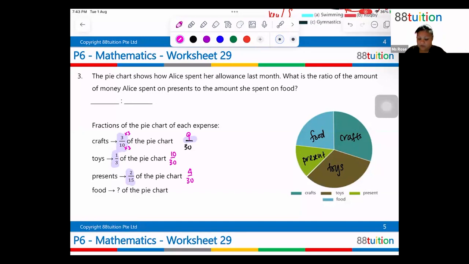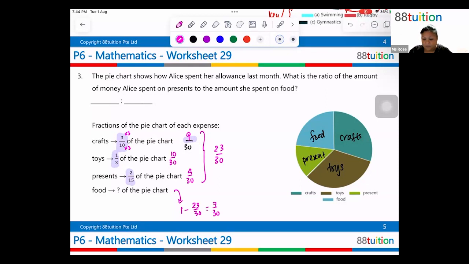Okay, so what makes up the pie chart in total? 23/30. So that means food will be 1 whole minus 23/30 to give me 7/30.